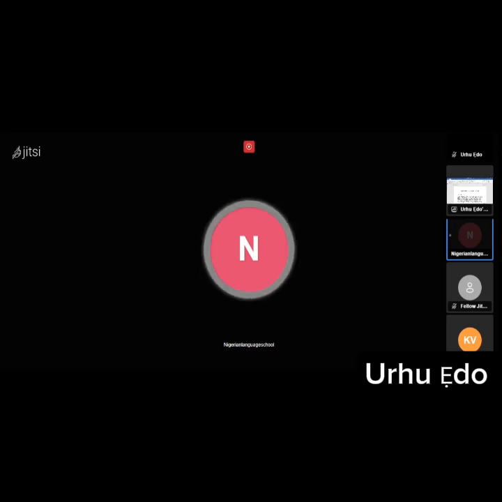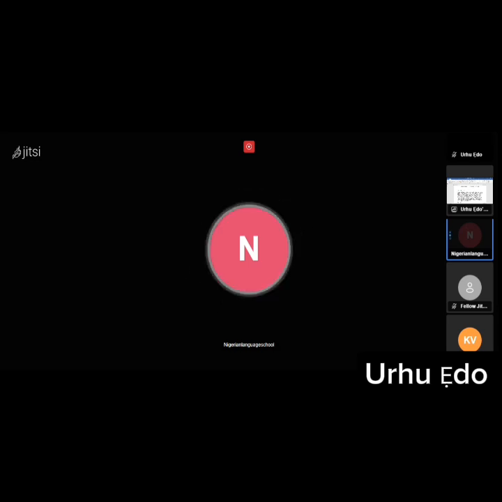Today's class, we are going to be looking at the counting system in Edo, Ọlaba Edo. According to our note here, we say numbers in Edo are called Ọlaba, and the act of counting in Edo is called Ikeni.